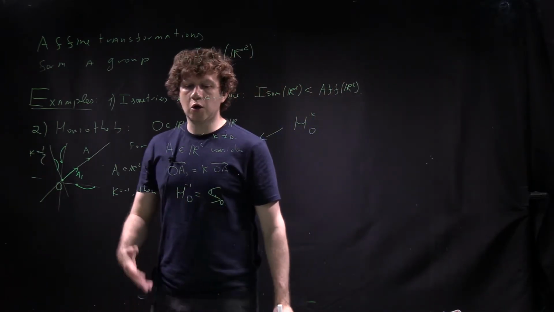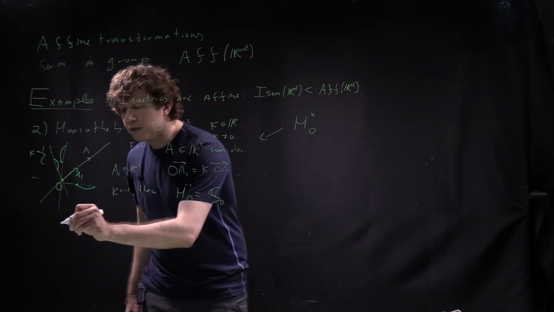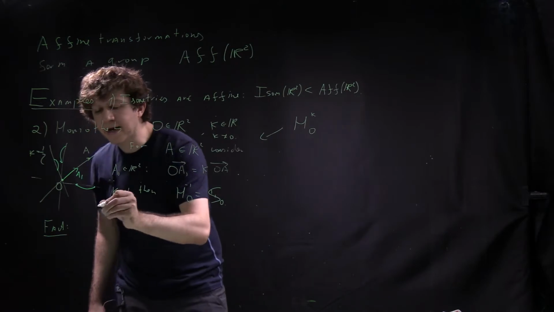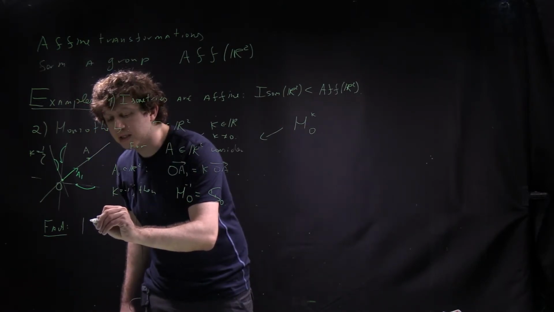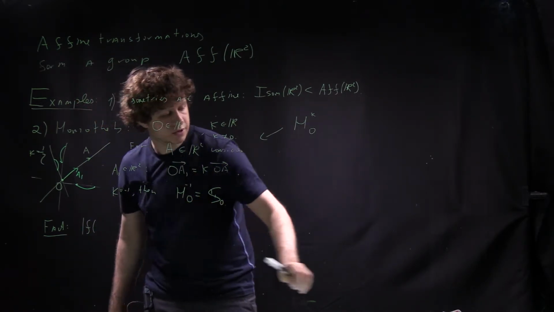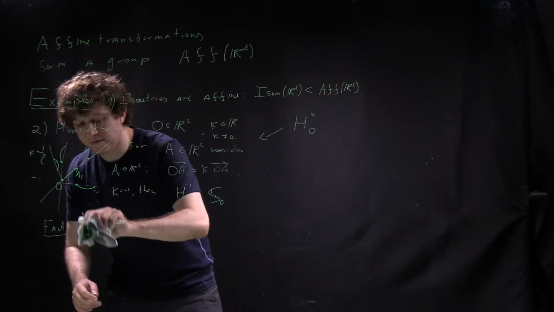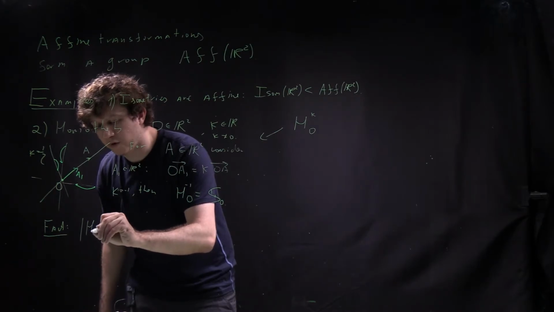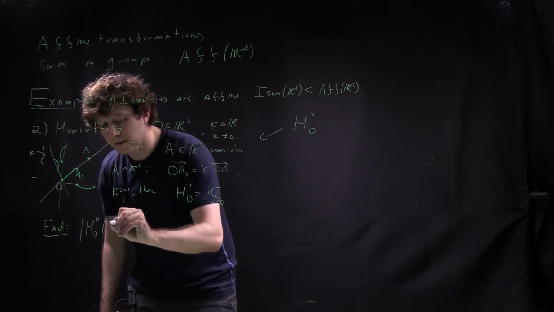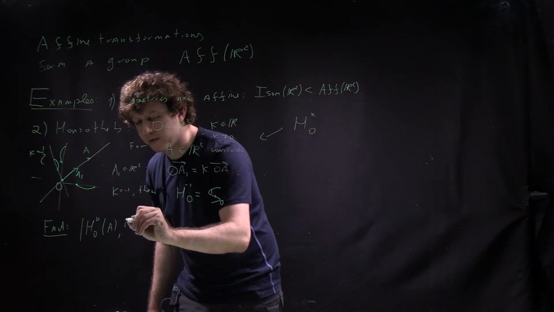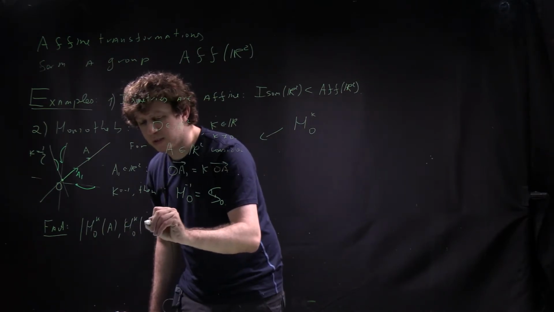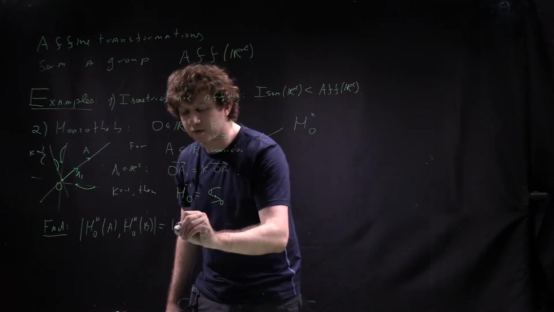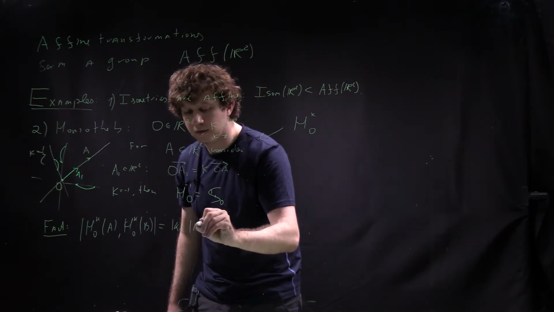And what one can check, a very easy fact, is that if you take any points A and B and compute the distance between f of A and f of B, where by f I mean this homothety, so the image of point A and the image of point B, the distance between them will change by the factor of the absolute value of k.